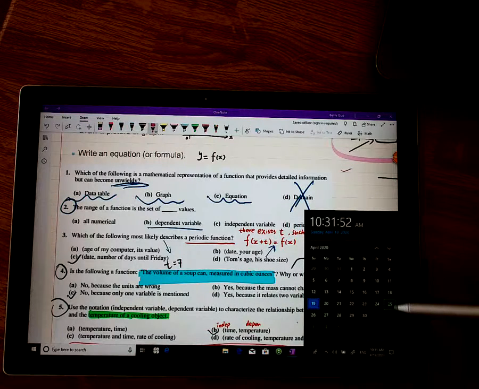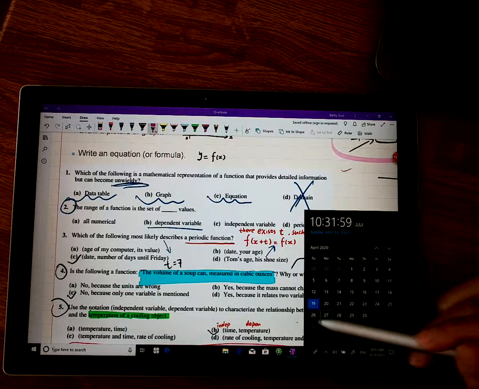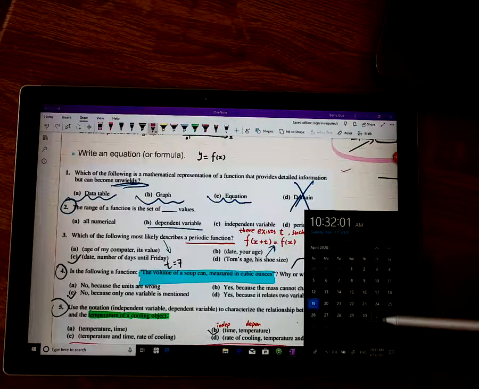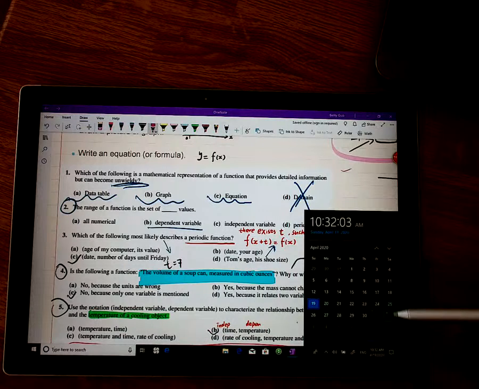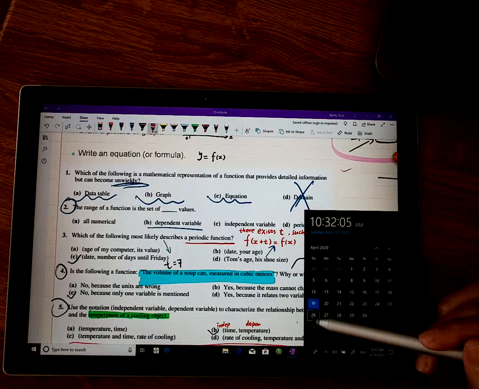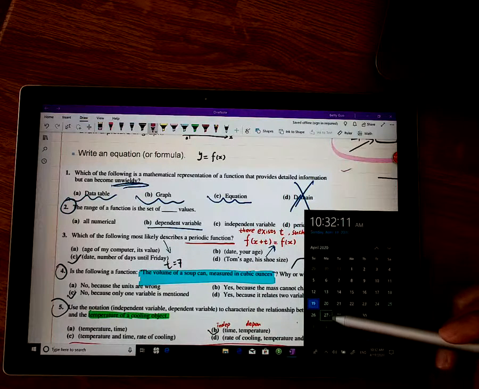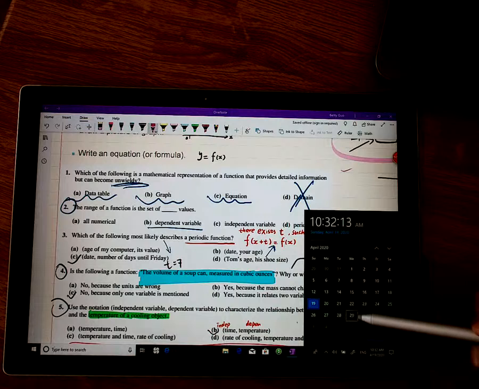On Saturday, we would have 6 days until Friday. And then we go to next Sunday. We would have 5 days until Friday, right? And then 4 days, 3 days, 2 days, 1 day, 0 days until Friday.